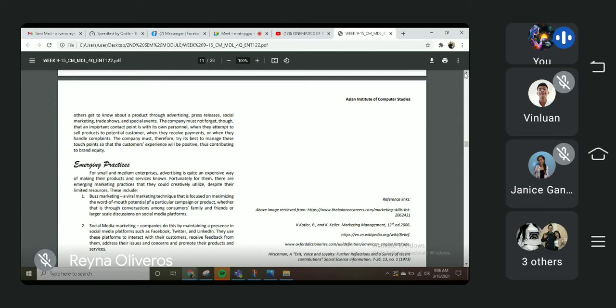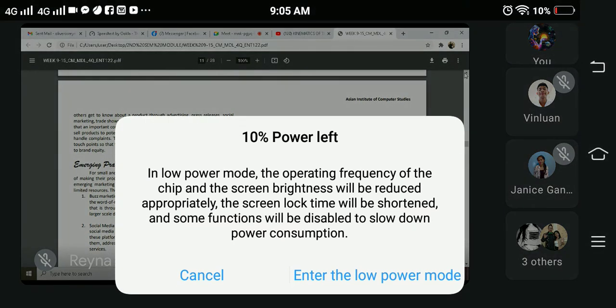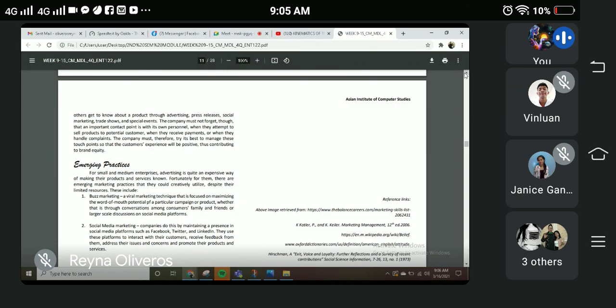Napakaliit lang ng resources. It is very limited resources, but you need to use it creatively. Utilize it creatively kasi makakatulong siya when it comes to promoting your product. Okay? So, that is our topic.